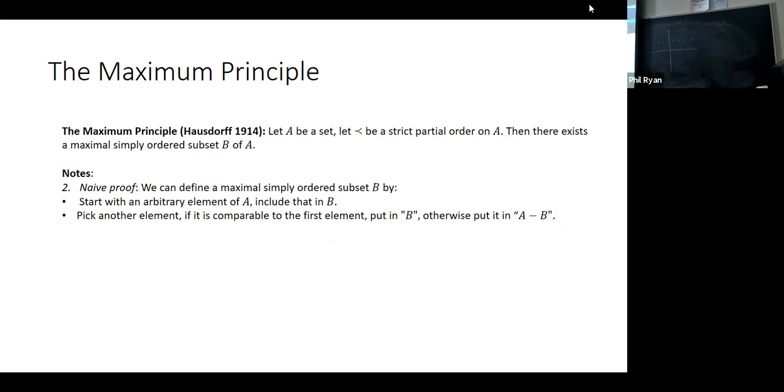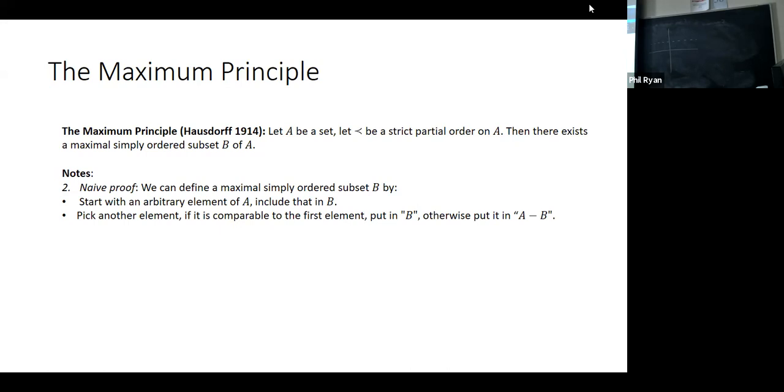And so let's naively try to prove that. And we'll soon see where we need our friends, the axiom of choice, to do that. So let's just simply try and define a maximally simply ordered subset by, okay, we start off with an arbitrary element of A. We're going to throw that into B. We pick another element.